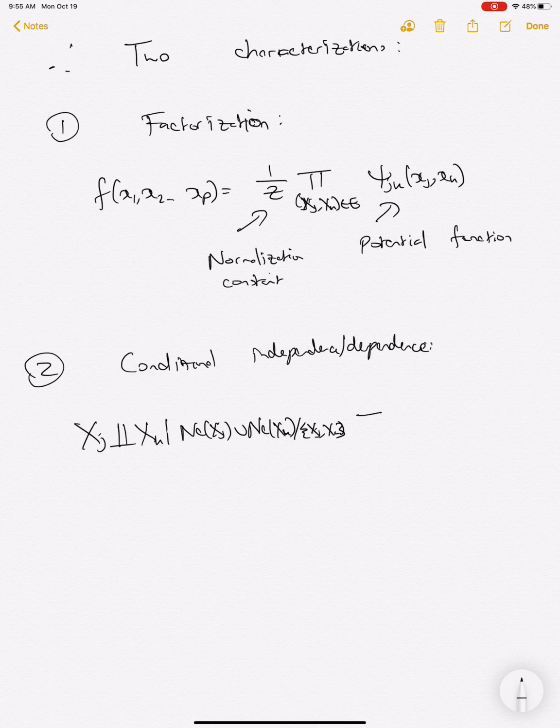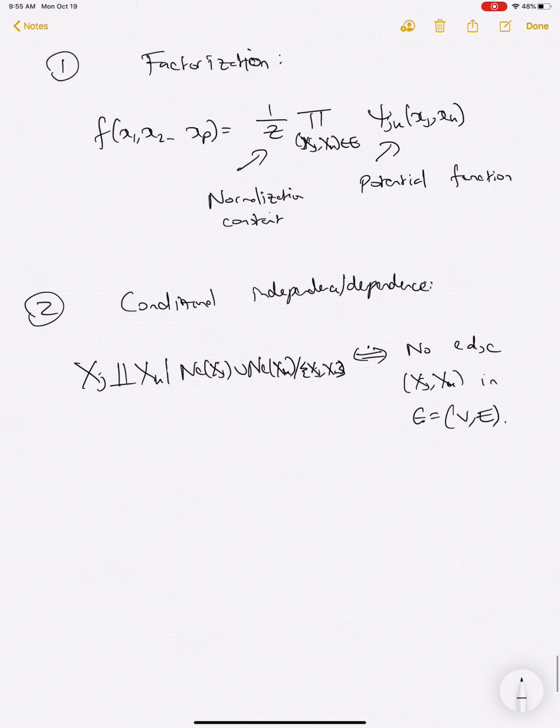And this is going to be true if and only if there is no edge between xj and xk in G, which is E.